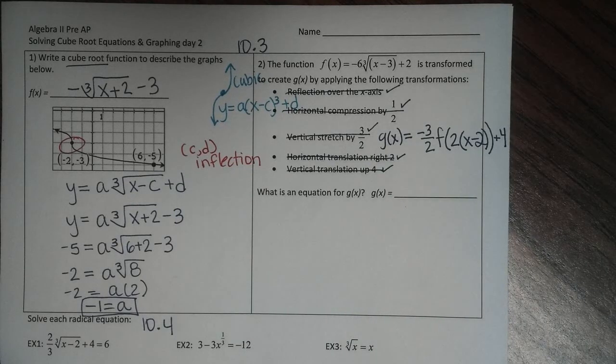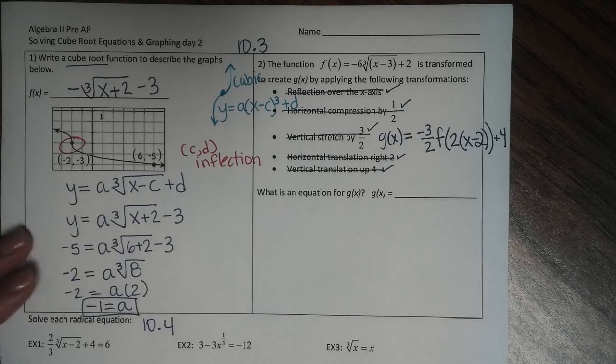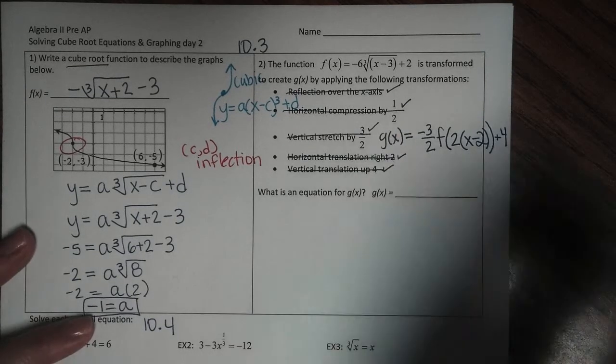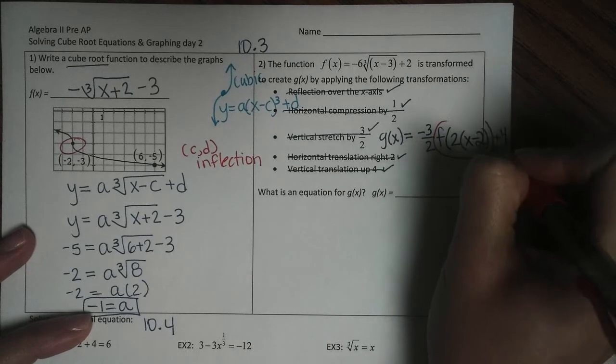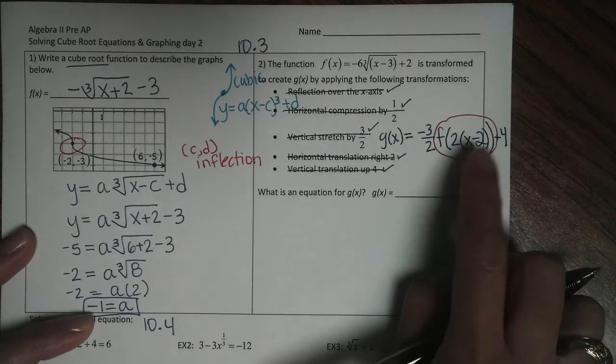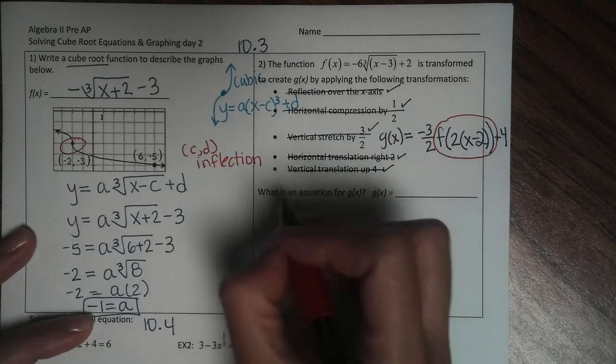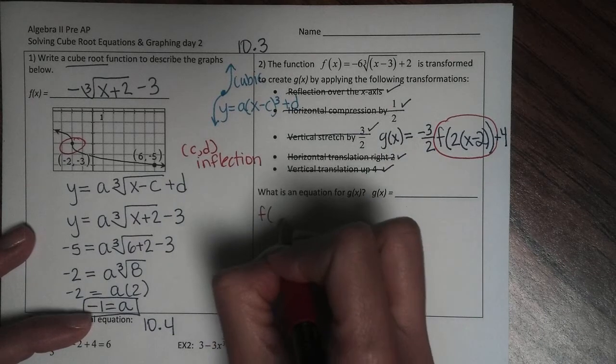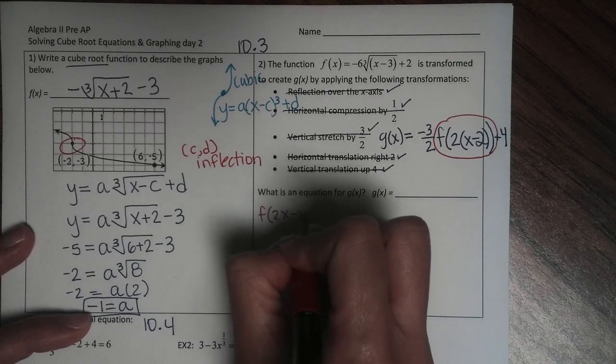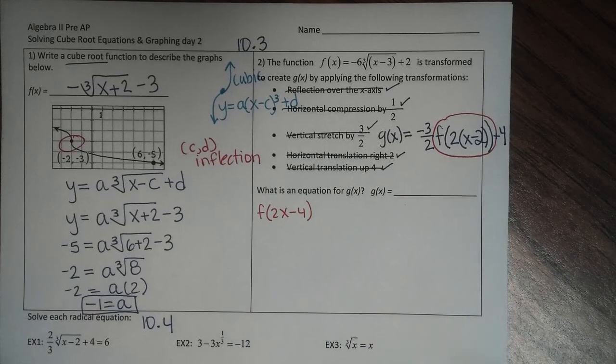After that, you're just going to do what we keep doing, some algebra. To get your answer of g of x, we first have to find this f of 2 parentheses x minus 2. So let's try that first. Let's find f of 2x minus 4. I want to get rid of some of the parentheses because there are too many there.